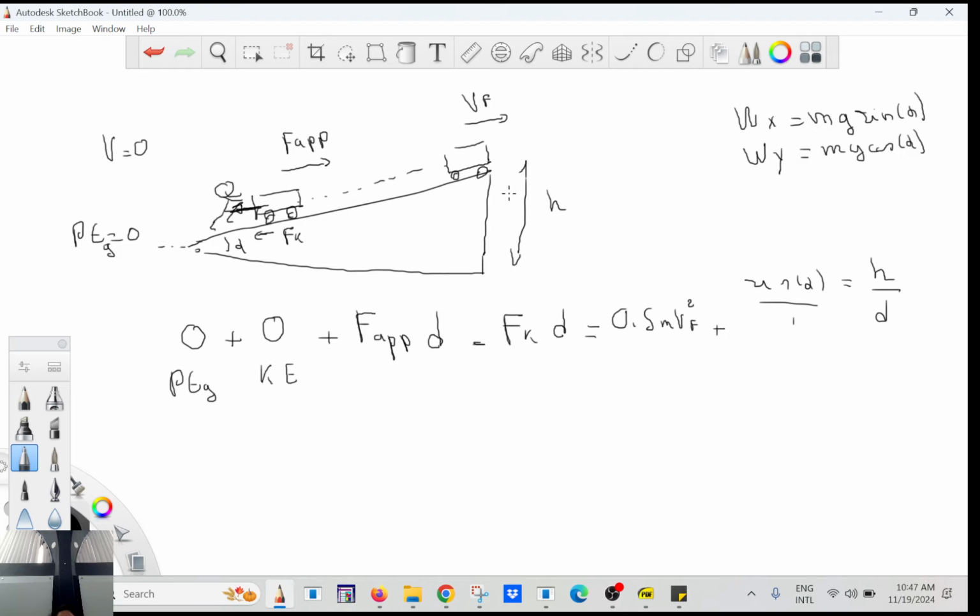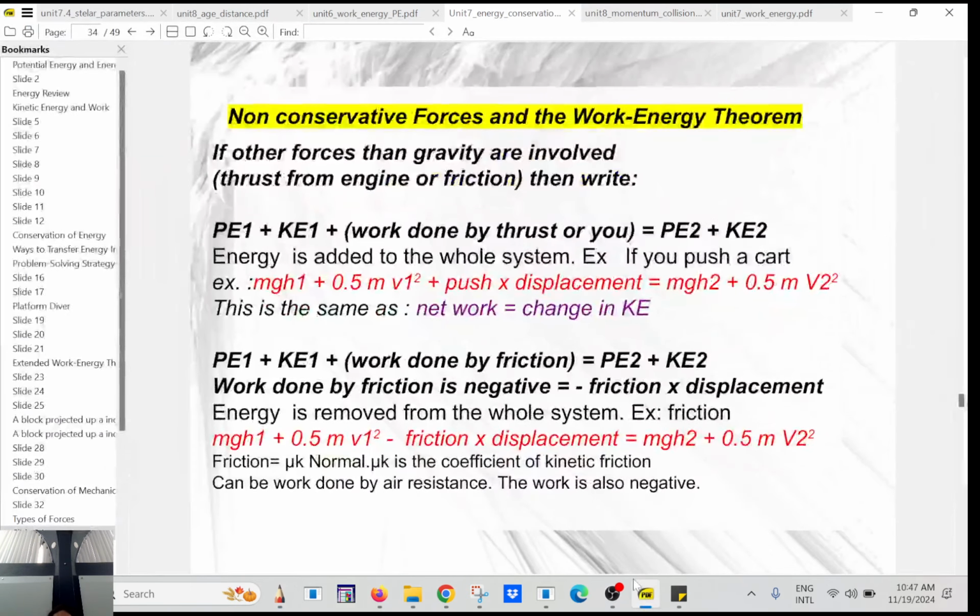Do we have potential energy at the top? Yes, right? So you have to know how to use the equation for potential energy, which is mgh, right? So that will be if you use conservation of energy. It's very simple.